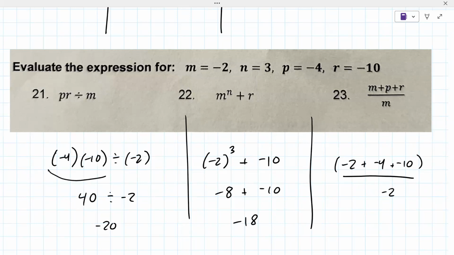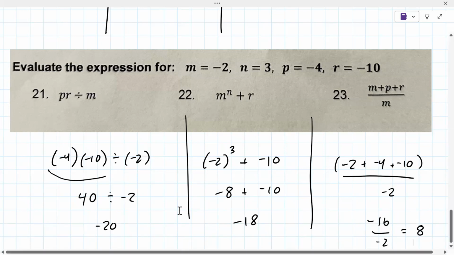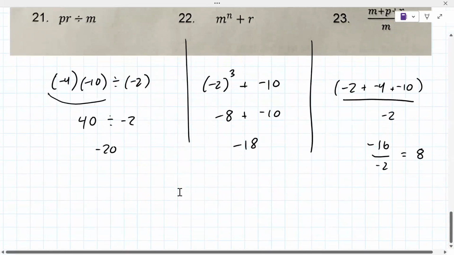So -2 plus -4 is -6. -6 plus -10 is -16. -16 over -2 is... Fraction bars mean division, right? So 16 divided by 2 is 8. 8. Very good.